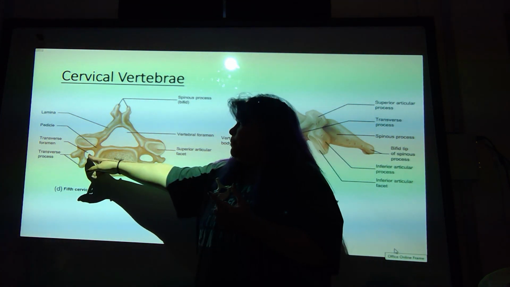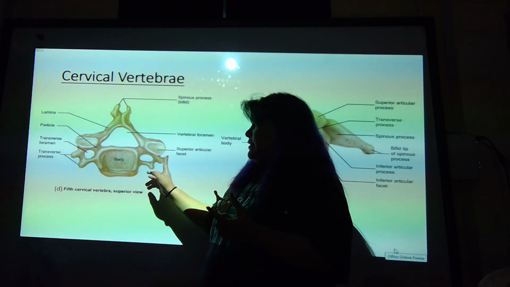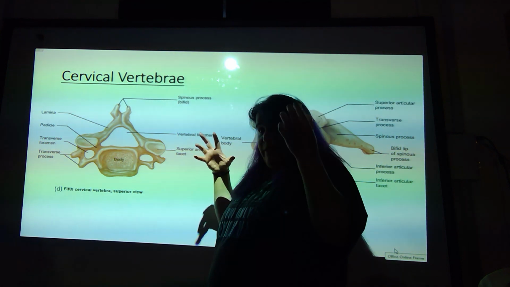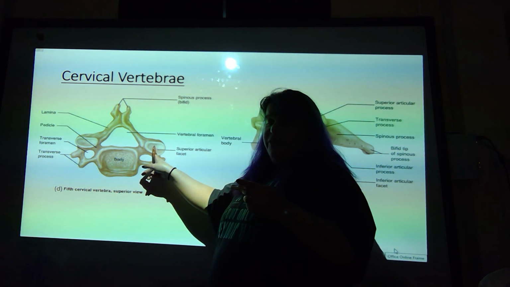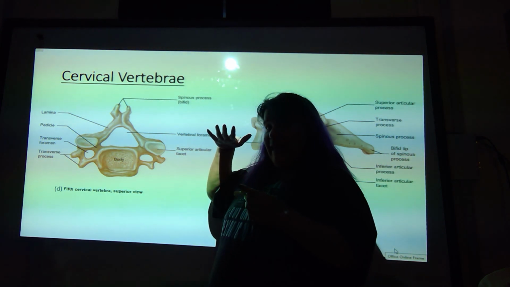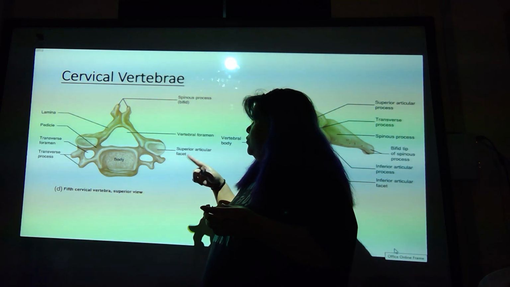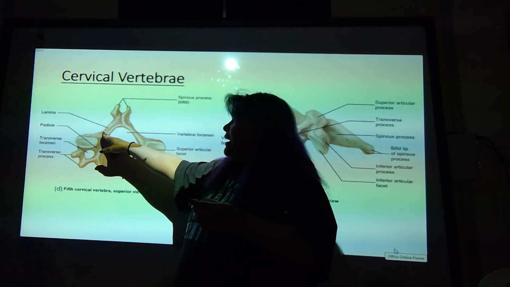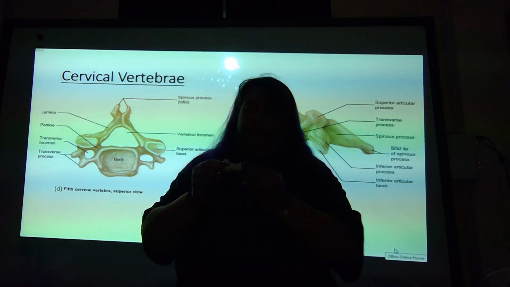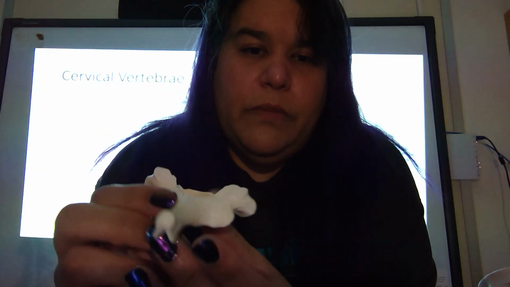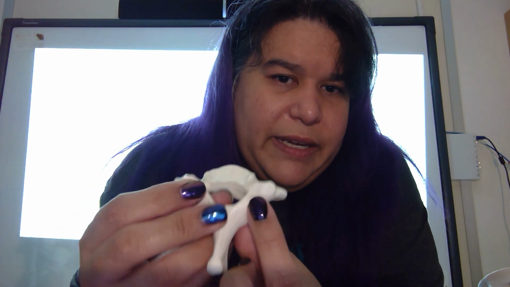The transverse foramen, the holes on the side, the transverse processes. Again, these are across and they're processes that stick out. The superior articular facet is where it connects to the next vertebra. Okay, the lamina and the pedicle. Okay, so if you look, see these kind of ear looking things here?